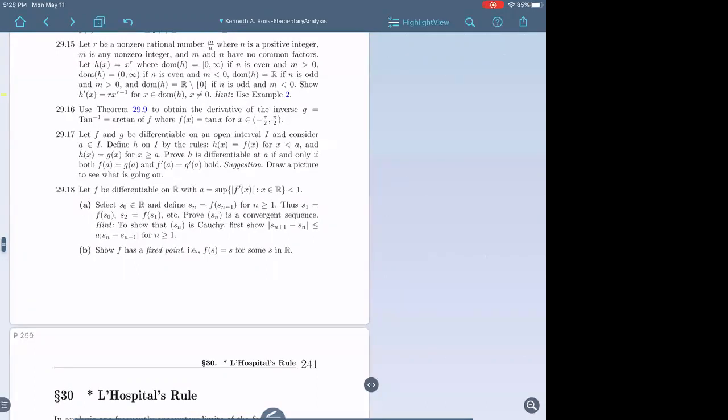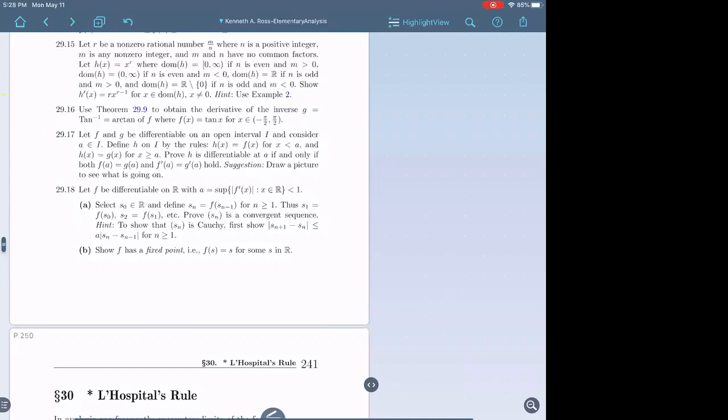So in general, if you're given a function, it need not be the case that you have a fixed point, right? Like f of s is s. Certainly it's true for continuous functions in some cases, but here's another way using Cauchy sequences.